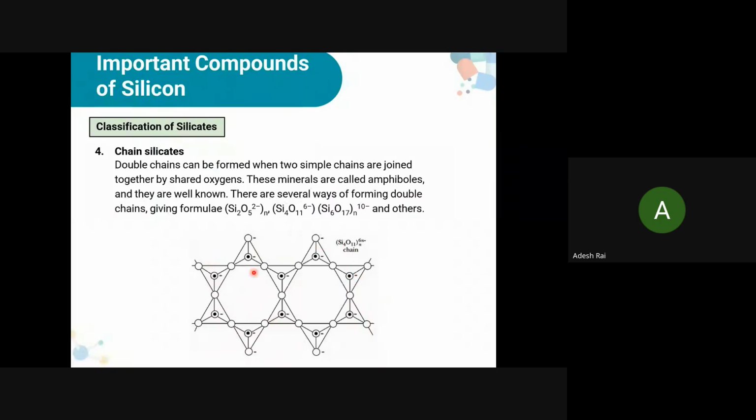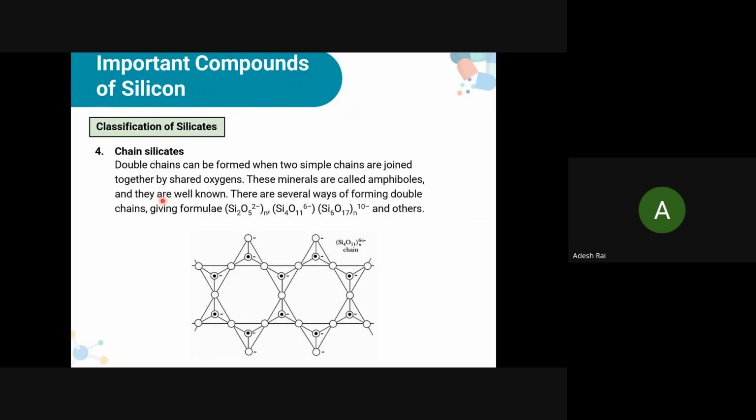Did you understand what I did here? Hmm? So yes, this was one chain. This is one chain. If you flip this chain and join both the chains together by a common oxygen or a shared oxygen like this, is that clear? Then we end up with a chain silicate, but a double chain silicate.